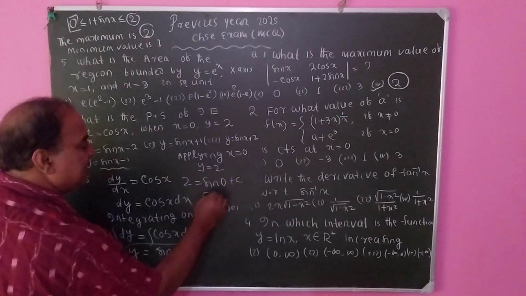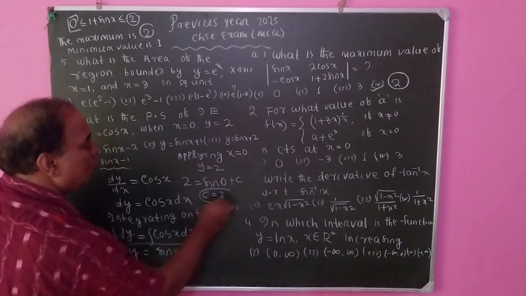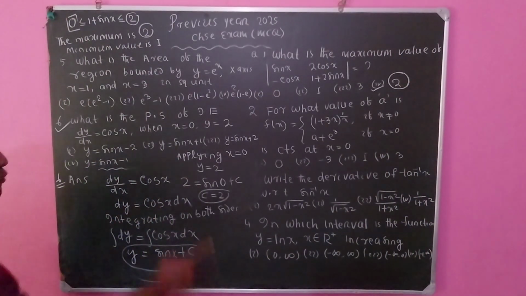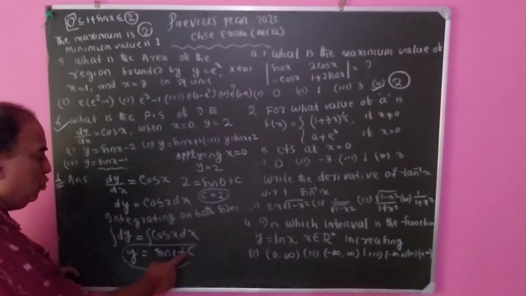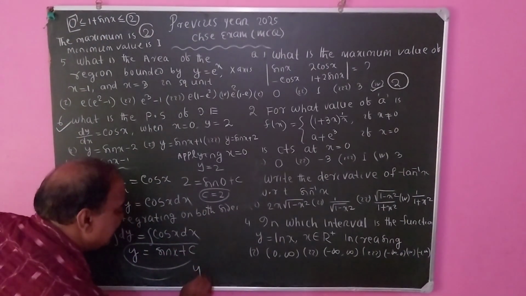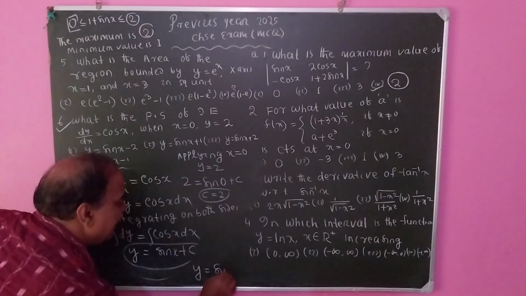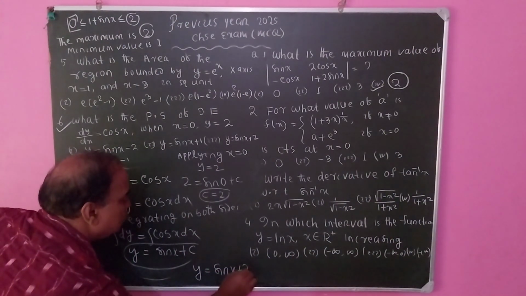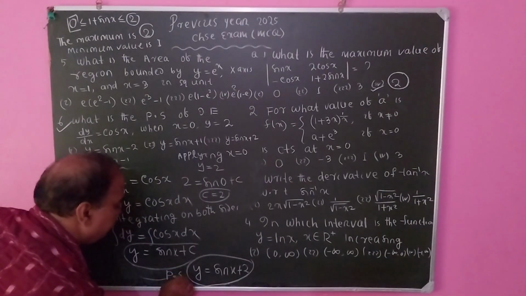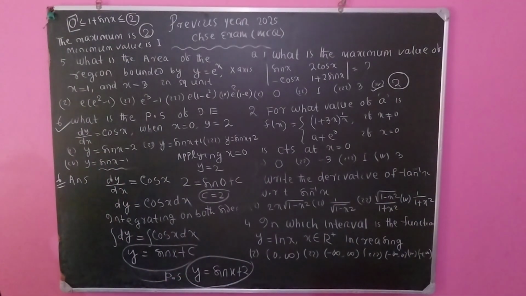So the value of c comes out 2. Now putting c is equal to 2, we get y is equal to sin x plus 2. This is called the particular solution.